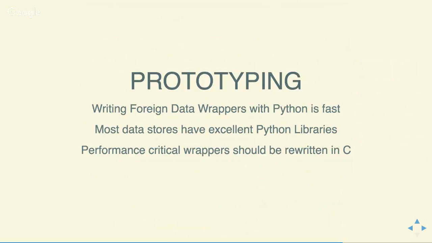In many cases, your network round trip is going to be significantly longer than the difference between Python and C. And if that is the case, then you would not gain a great deal by switching to C, but you could have far more risk in terms of being able to crash the Postgres process, which would be quite undesirable.